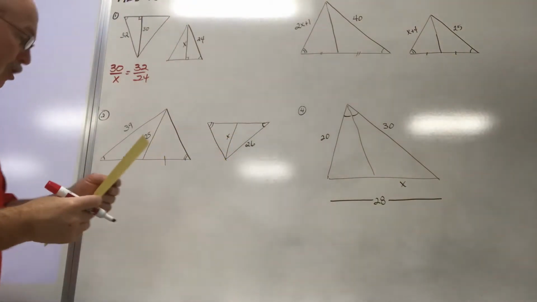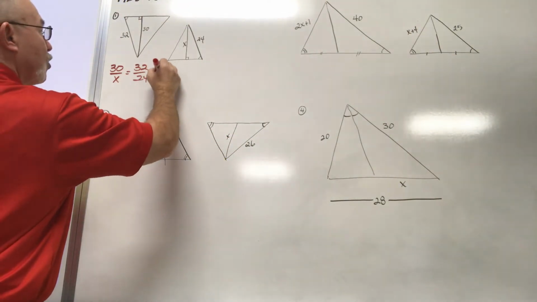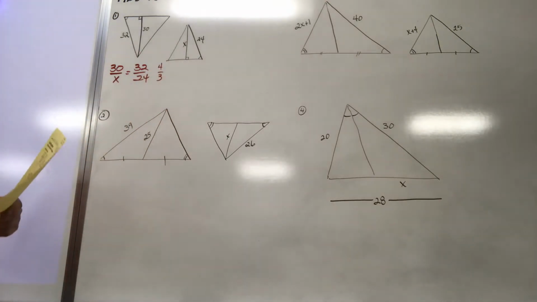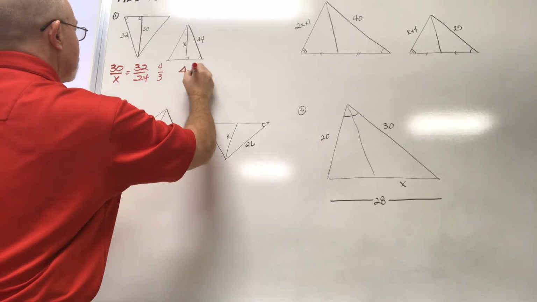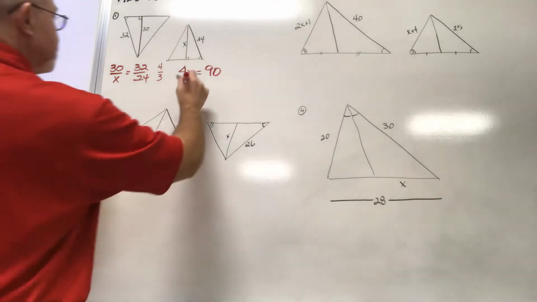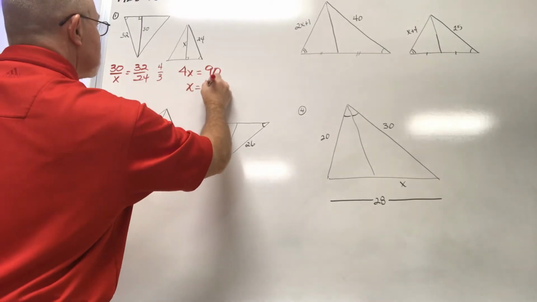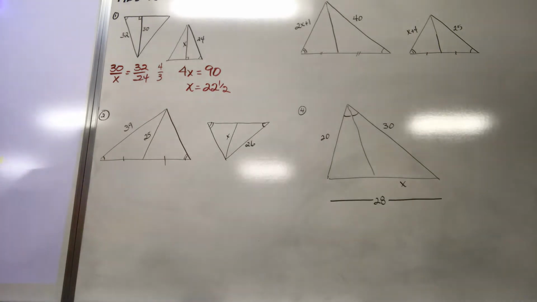So in this one, we can simplify this to simply 4 over 3, because 8's a common factor. Now it's easier to multiply. Okay, that's it right there.